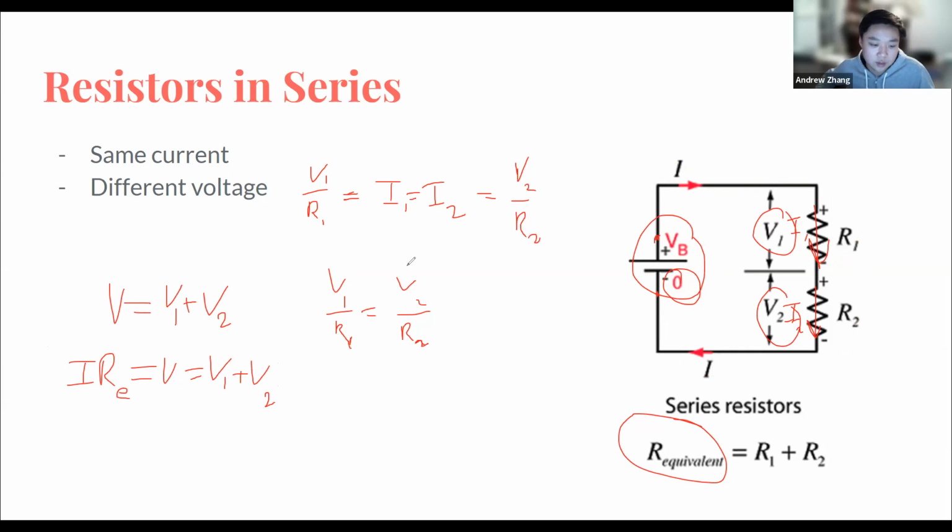And then we can see from this equation, let's manipulate it a little bit. So let's say we get V1 is equal to R1 over R2 times V2.